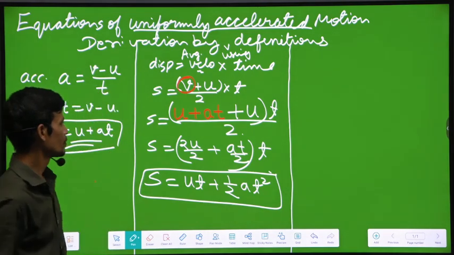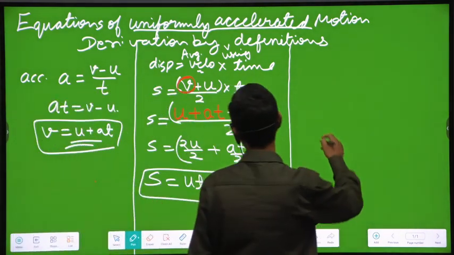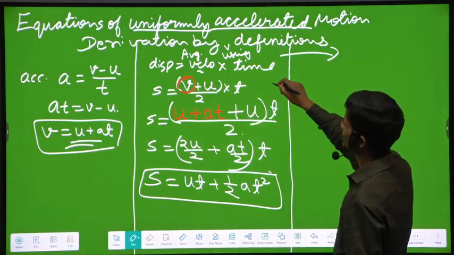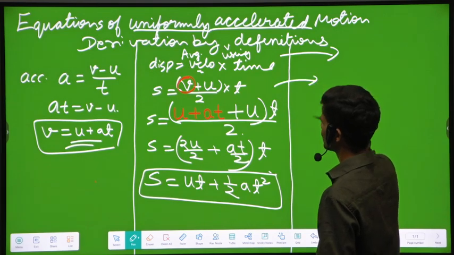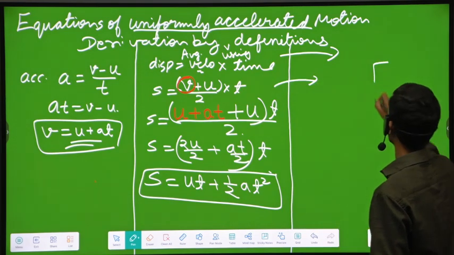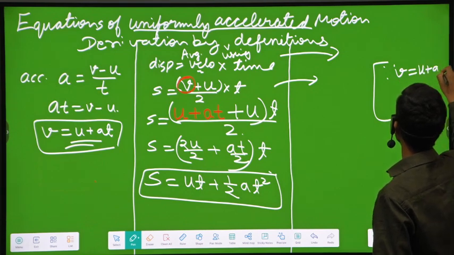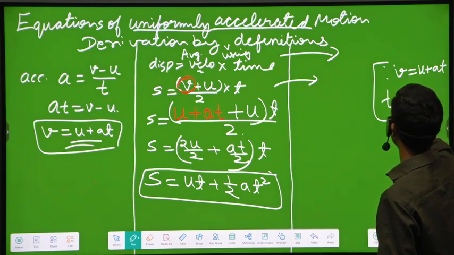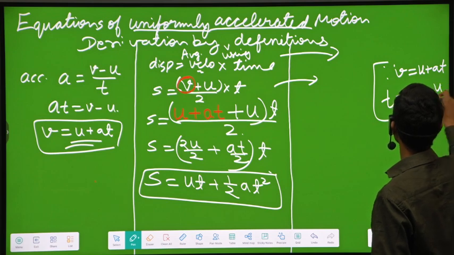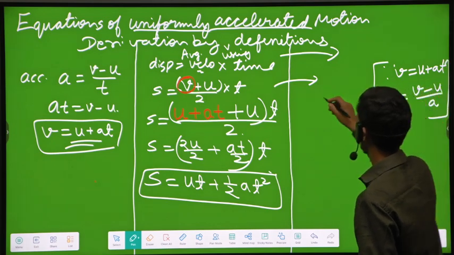Here it is. And for the third equation we'll again follow the same pattern. From the first equation of motion we know v equal to u plus at, but from here we can find t in terms of v minus u by a, and we can directly put it here.